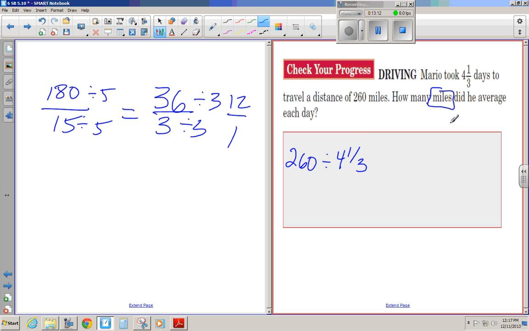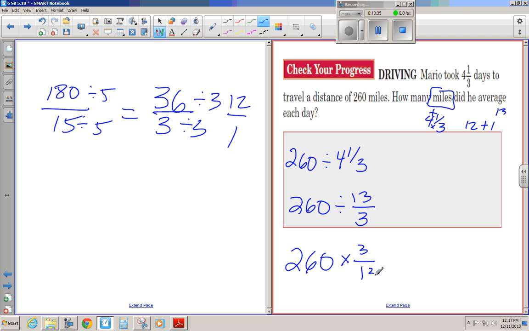Well, 4 1/3, we multiply and then add. So you're actually doing 260 divided by 13/3. And when you're dividing, it's 260 times 3/13.